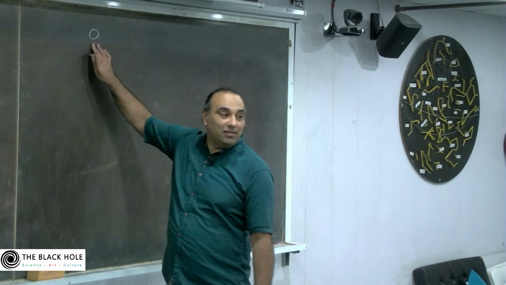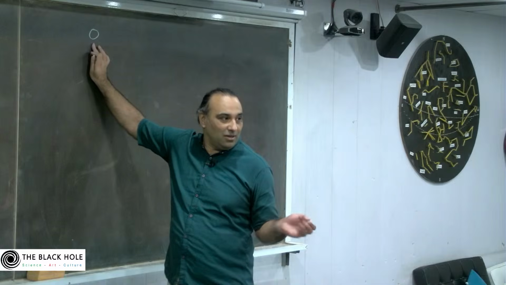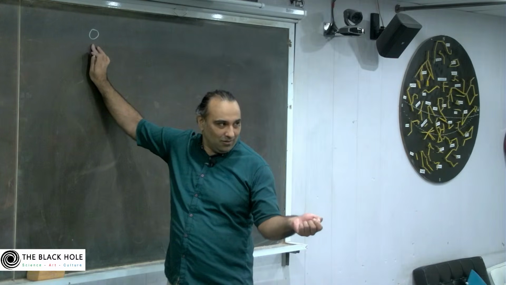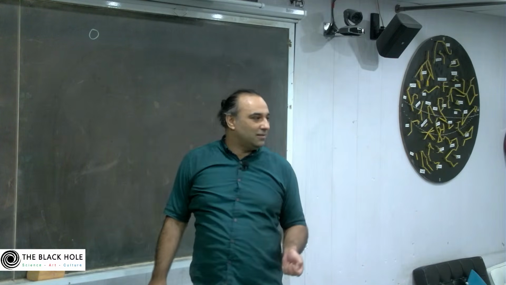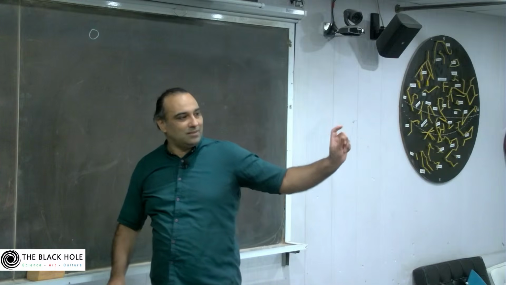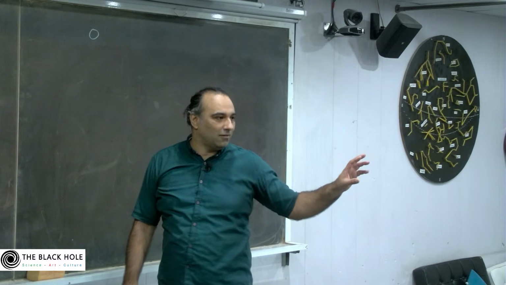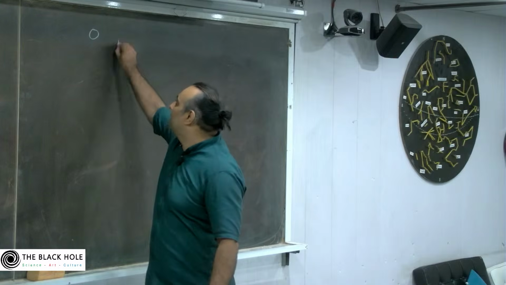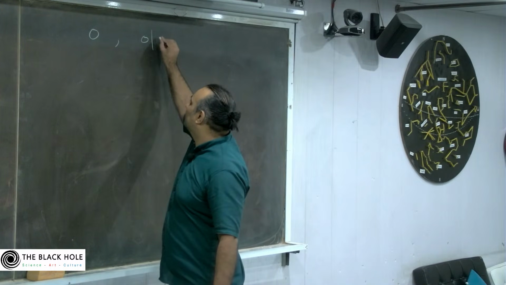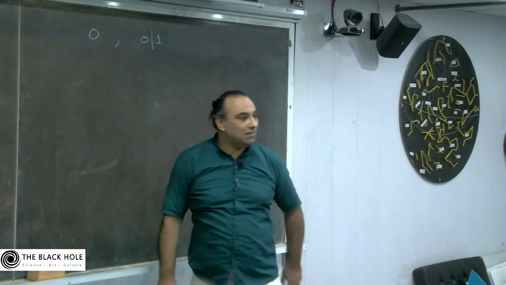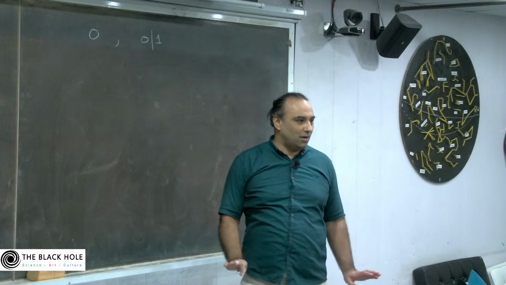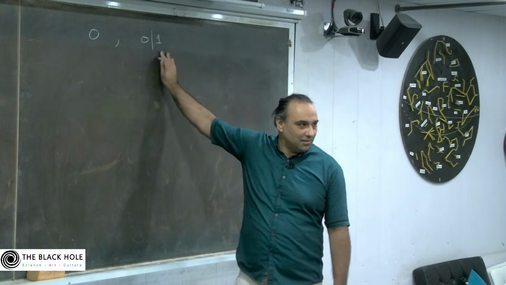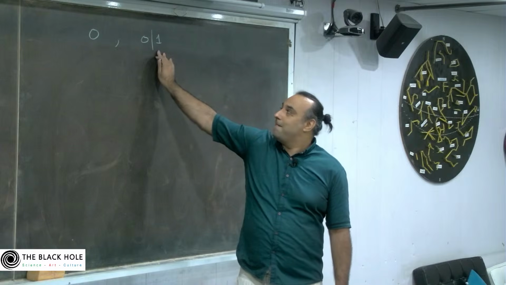You have your USB bit in state 0 and you plug it into your computer, and your computer's data can be either 0 or 1. That's a classical bit, it's not a qubit.